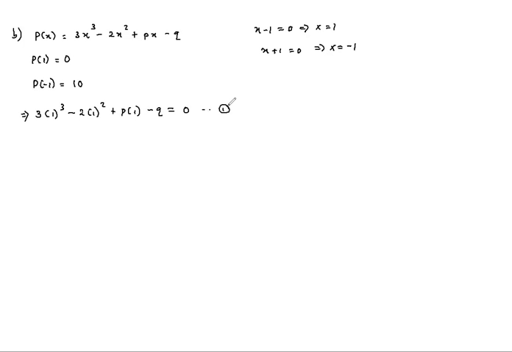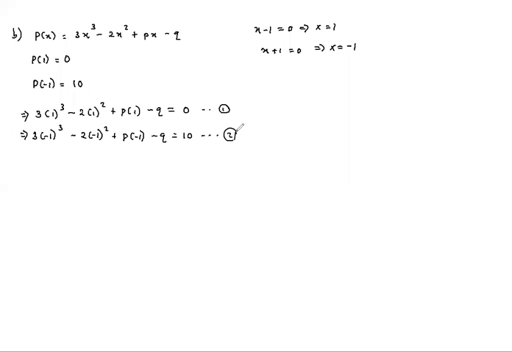And the second one, -1: you get 3(-1)^3 minus 2(-1)^2 plus p(-1) minus q is equal to 10.